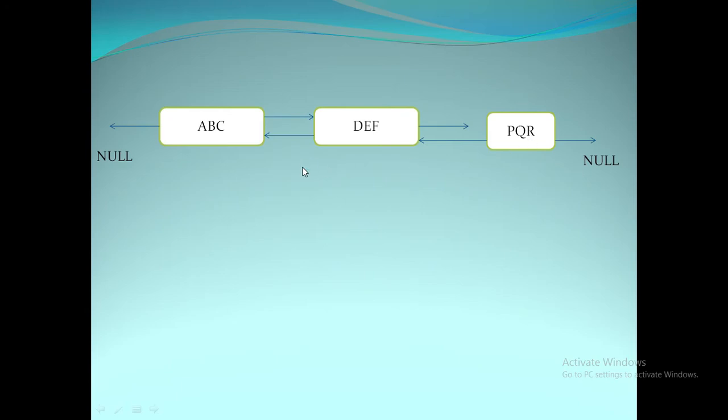Like if we have hundreds of elements, we have to shift 99 elements to the previous position, right? But in the case of a linked list, it's a very easy thing. Just point the next pointer of ABC to PQR and PQR's previous pointer to ABC. Now this DEF will be detached, and once it is detached, it will be ready for garbage collection.